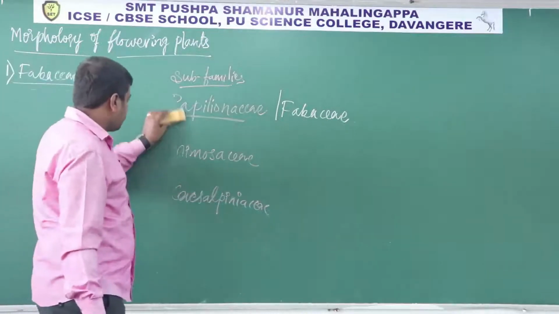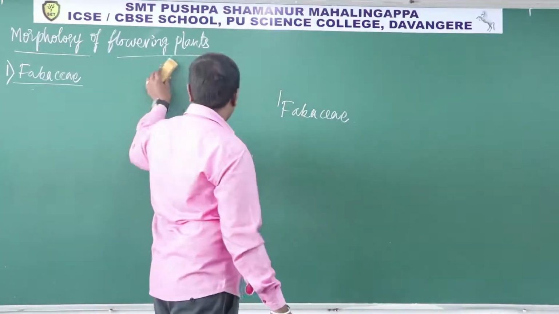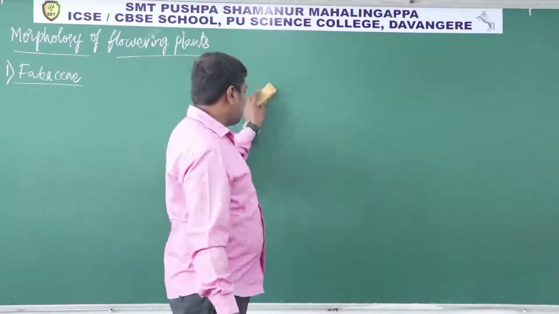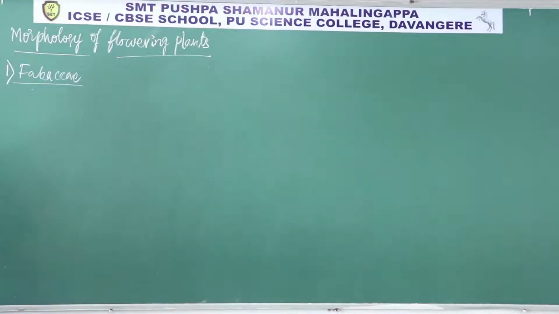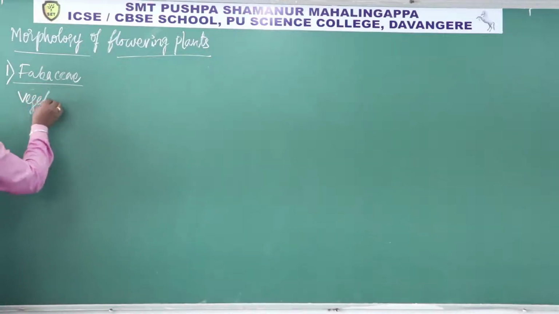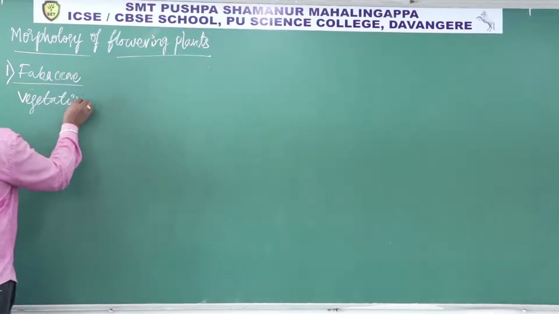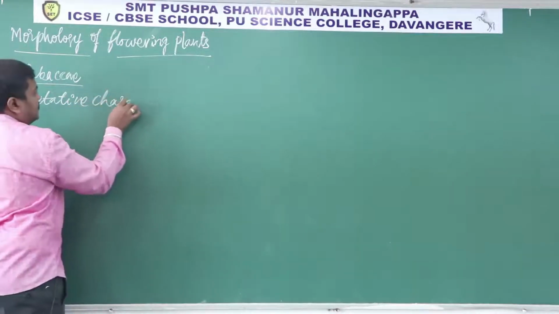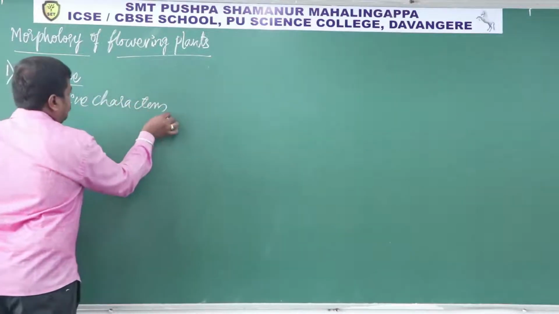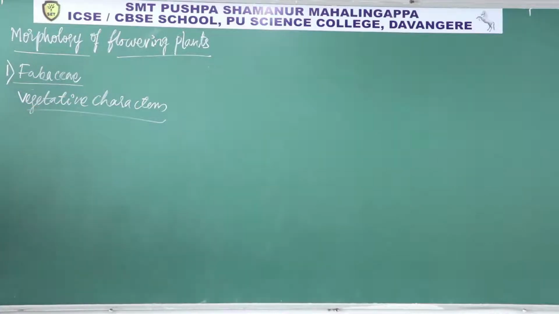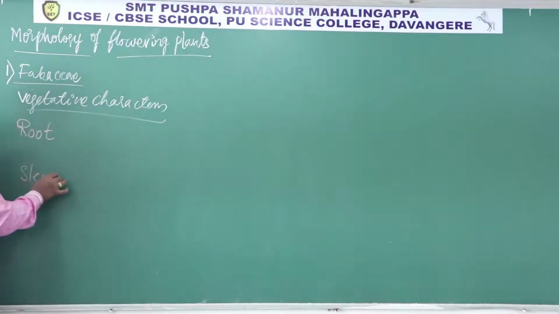So what are the characters we can observe under the family Fabaceae, and what about the floral characters, everything we can discuss. Okay, so for Fabaceae, the first is vegetative characters. Under the vegetative characters, we already discussed it. The first character you need to write is regarding its root, then stem, then leaf.